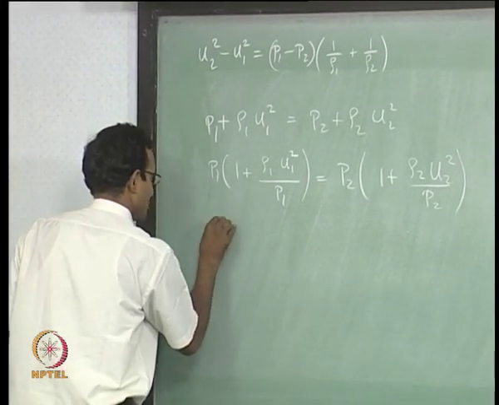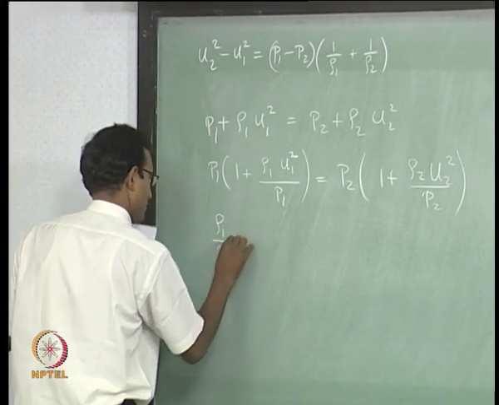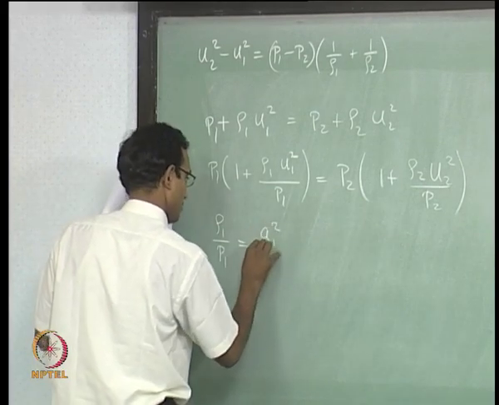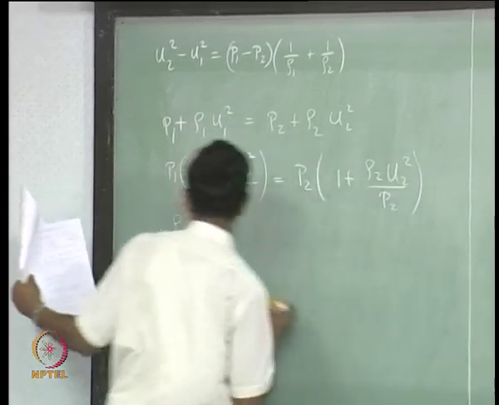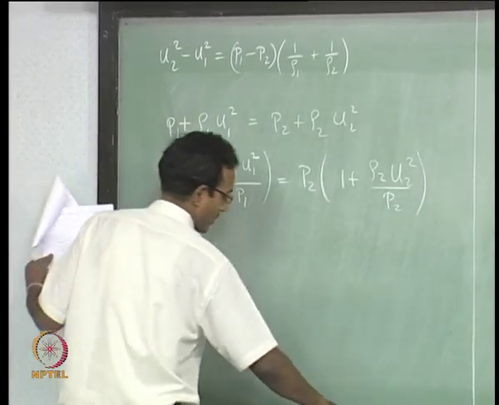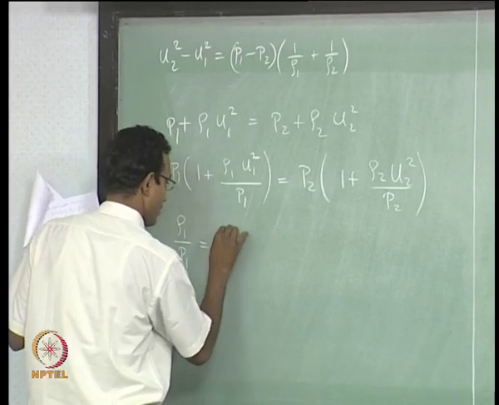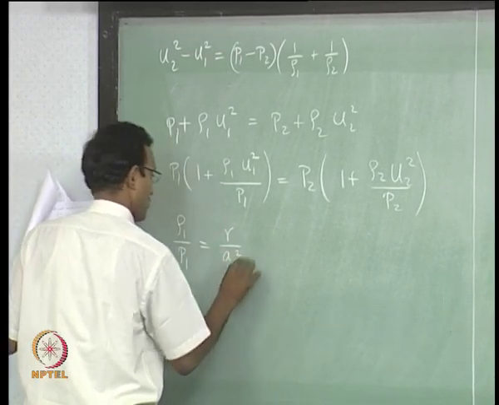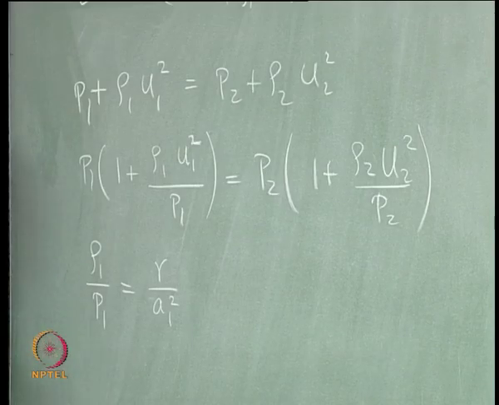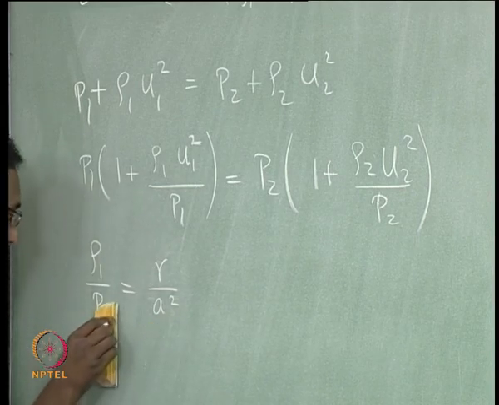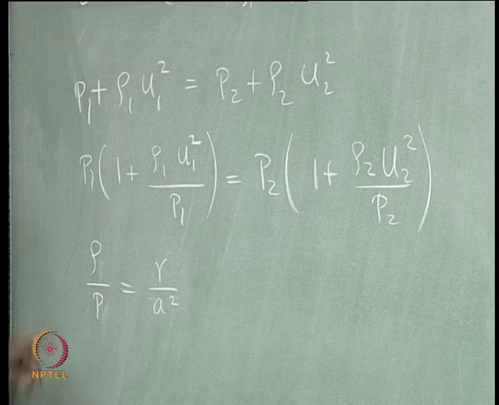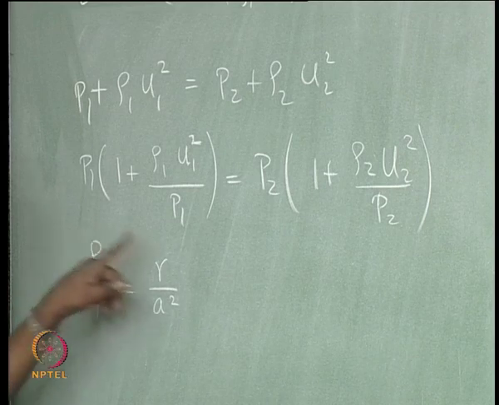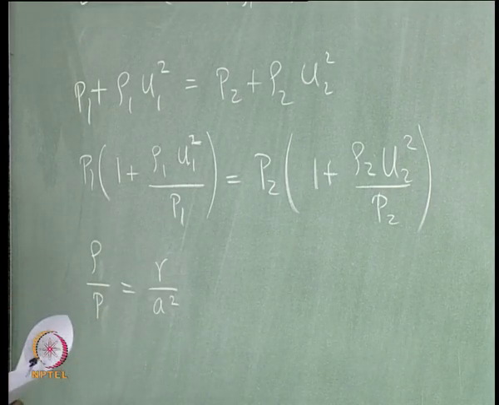I will use this, sorry, it is the opposite. Gamma p by rho is a square is what I am going to use, and similarly for 2. So, I will just remove this subscript, I can put 1 or 2 as subscript depending on whatever is needed. I am going to use the definition of a square and along with this the state equation, both have been used here itself.